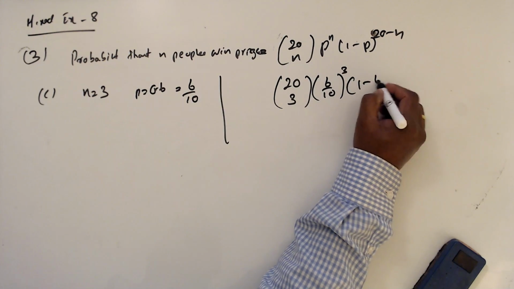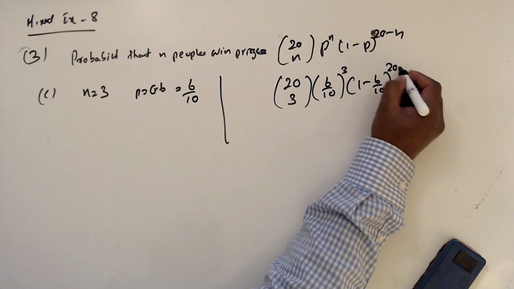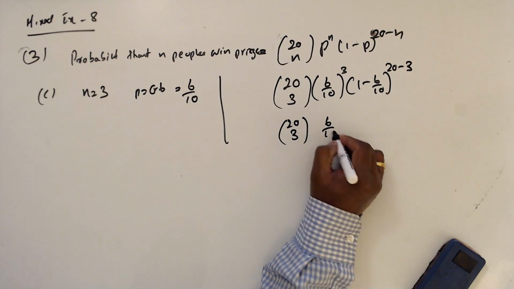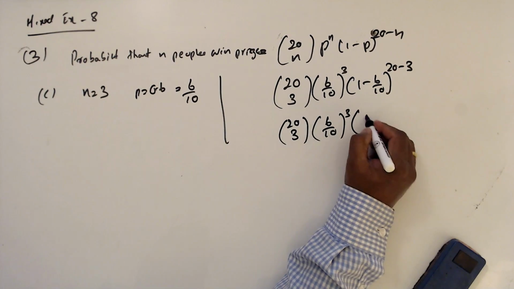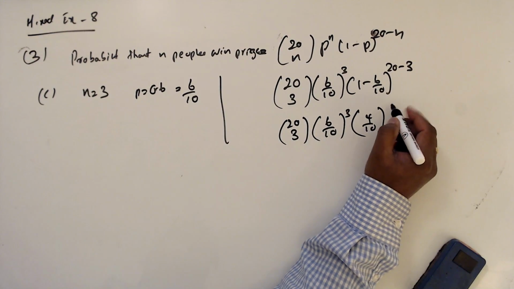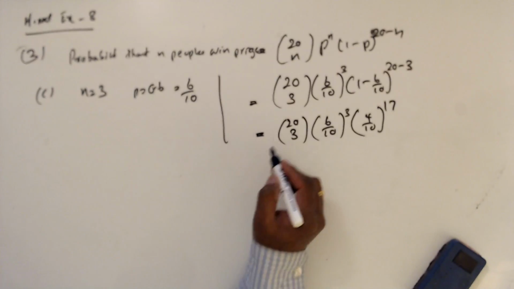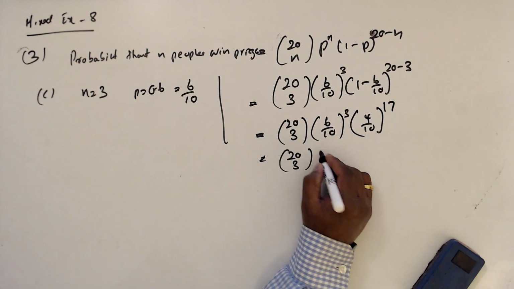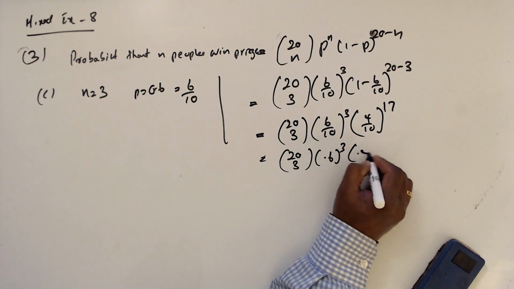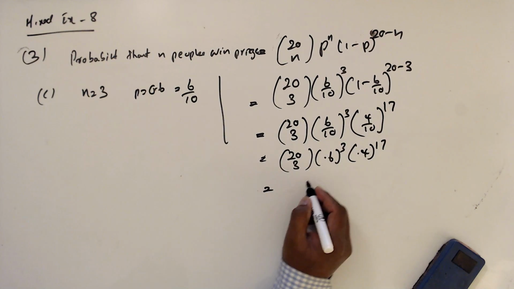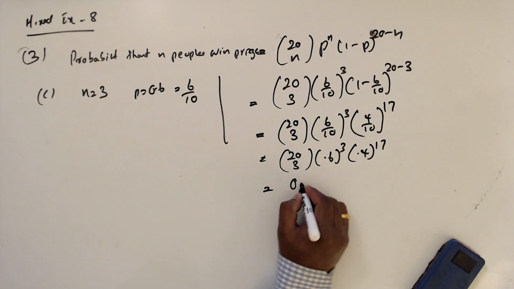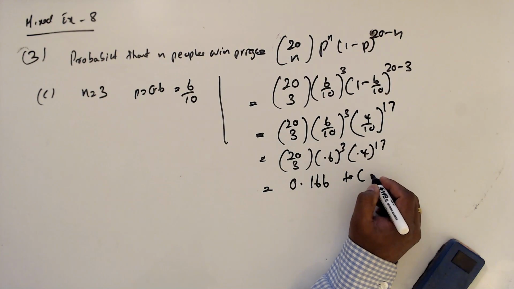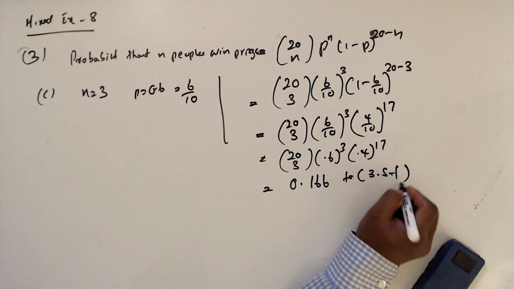This is 1 minus 6 out of 10, to the power 17. So 20 choose 3, this is 6 out of 10 to the power 3, and 4 out of 10 to the power 17. In other way, 20 choose 3, this is 0.6 cubed and 0.4 to the power 17. You get answer 0.166 to 3 significant figures.